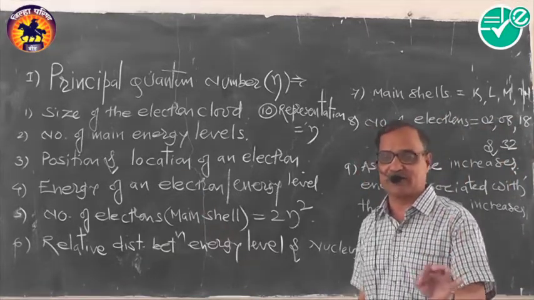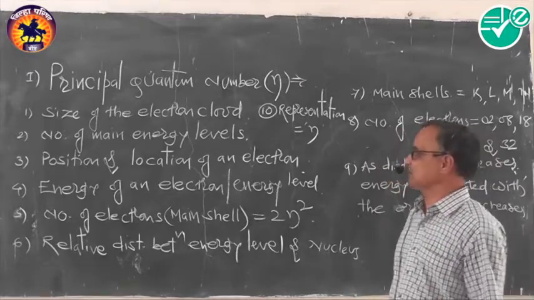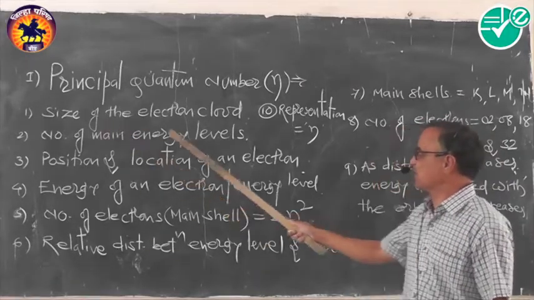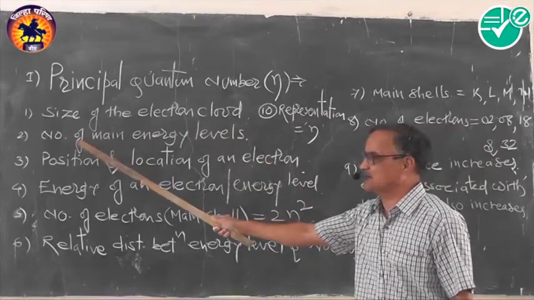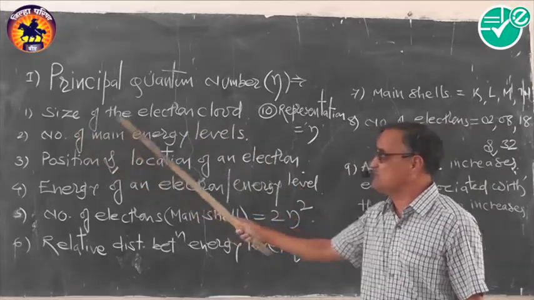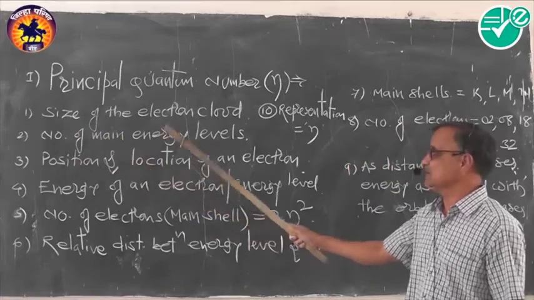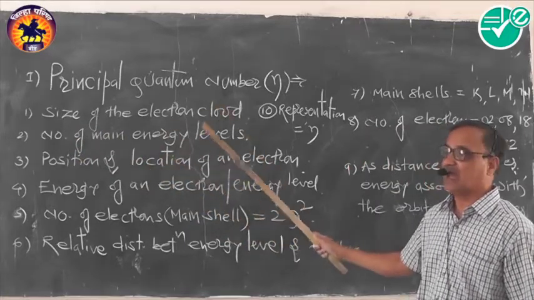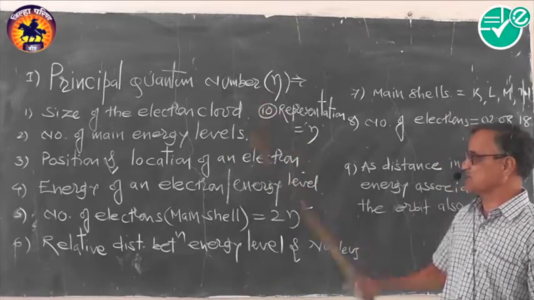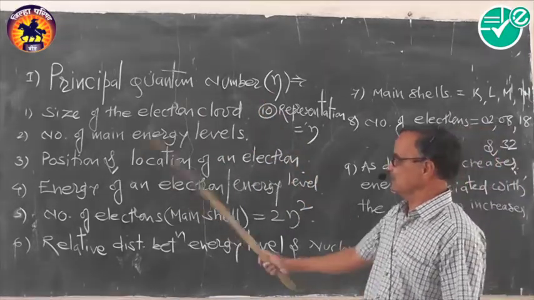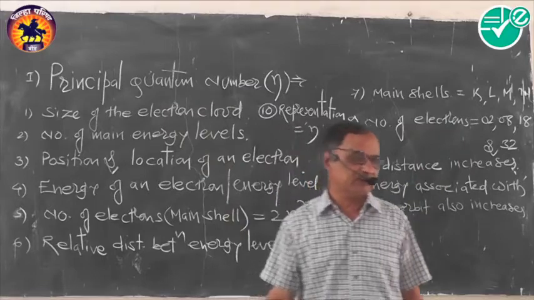So the first point: the principal quantum number gives the size of the electron cloud. Second: the principal quantum number gives the number of main energy levels present in the atom of an element. These are the first and second points regarding the principal quantum number.